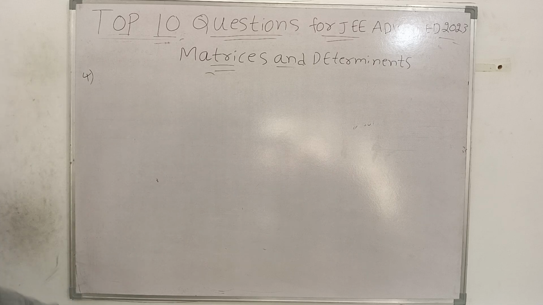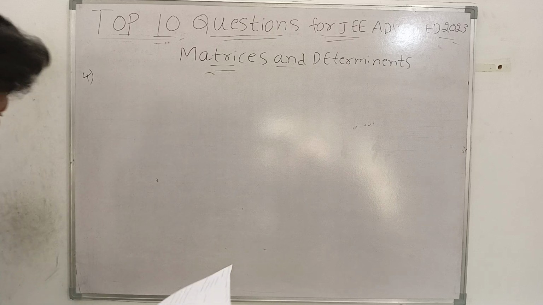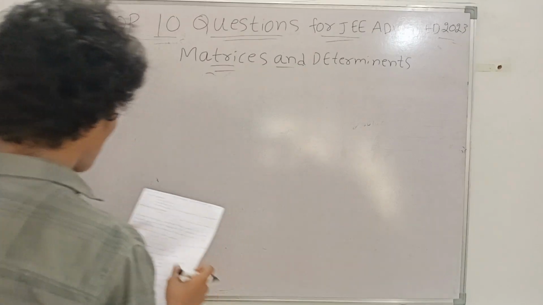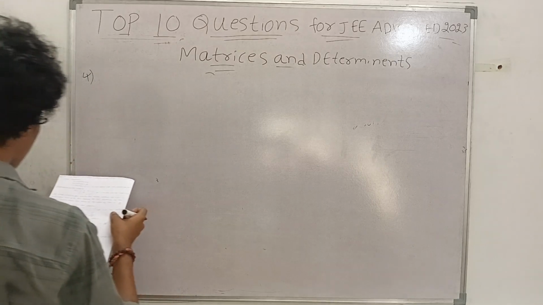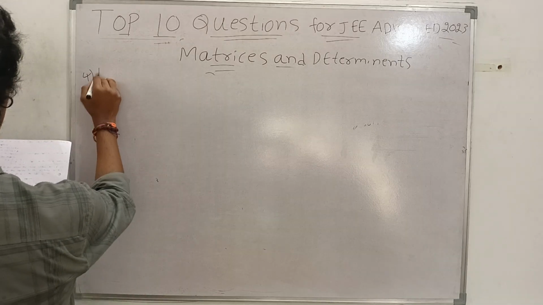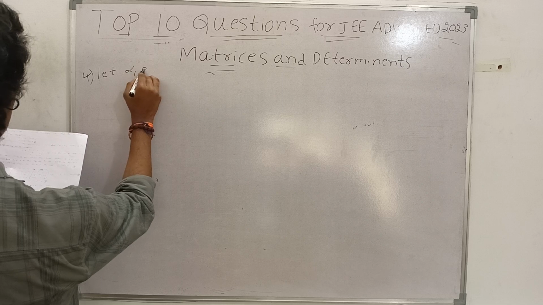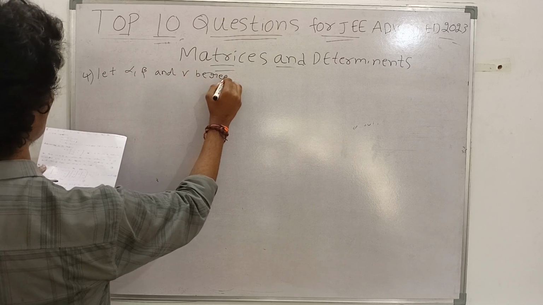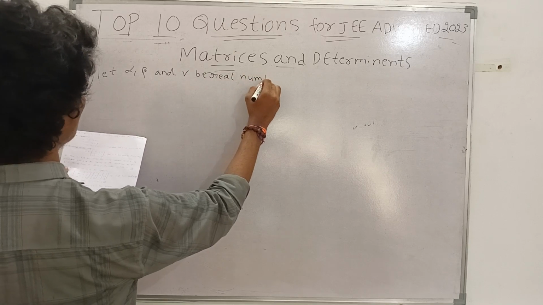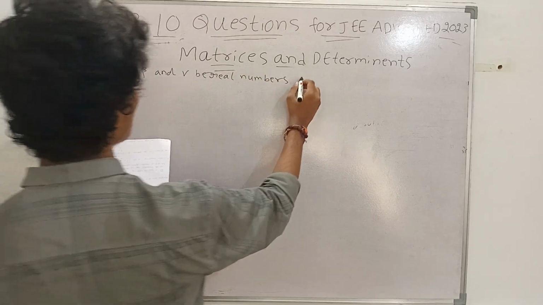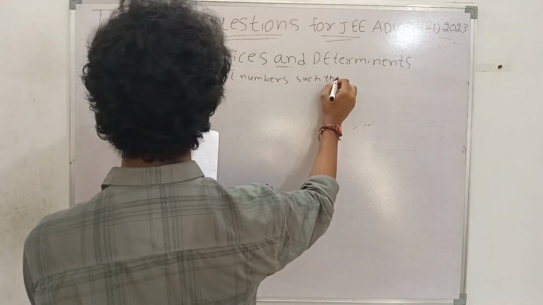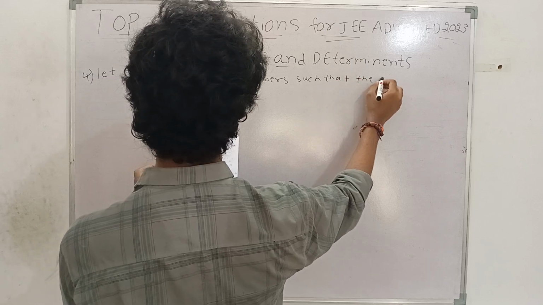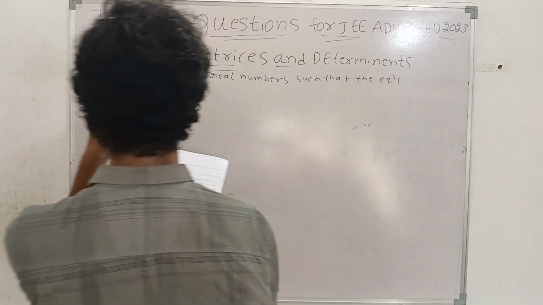Now fourth question. This question is really big, guys. Let alpha, beta and gamma be real numbers such that the equations, they gave some equations, guys.